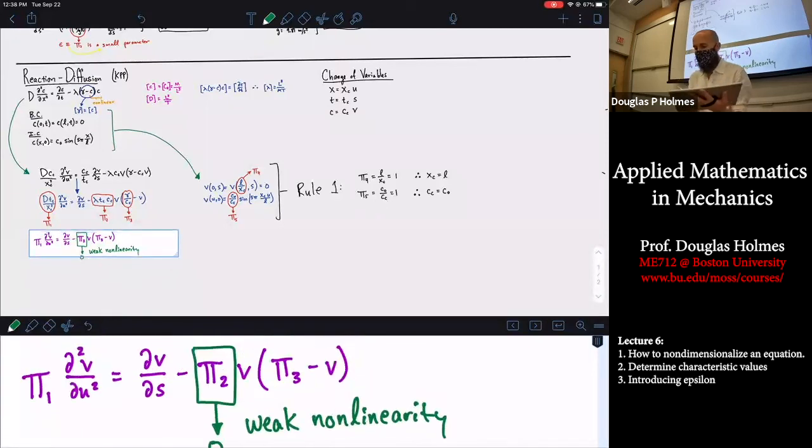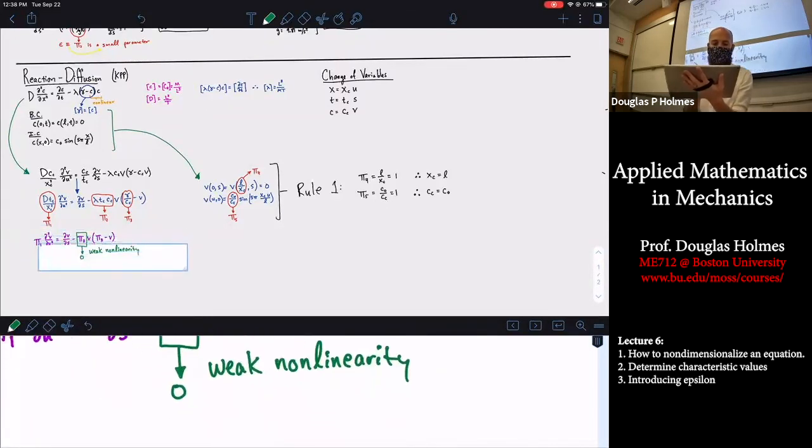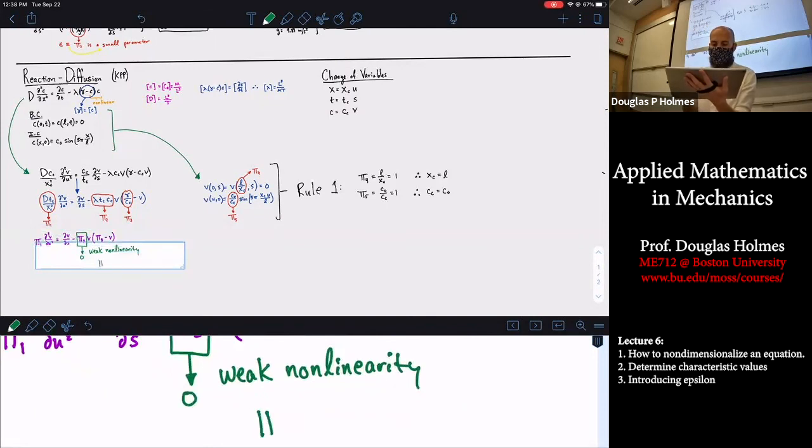And if we set that equal to 0, that means we have to set pi 1 equal to 1. Oops. Pi 1 is D times TC over XC squared. And it should come as no surprise. We know what XC is.